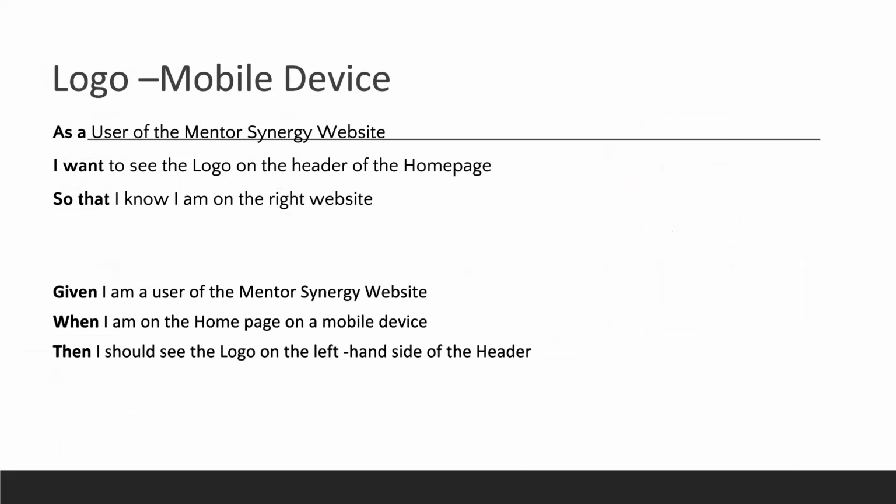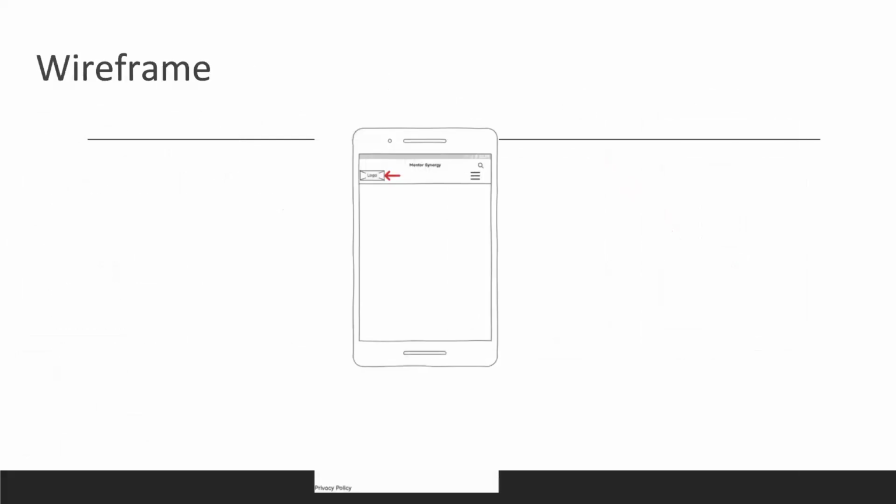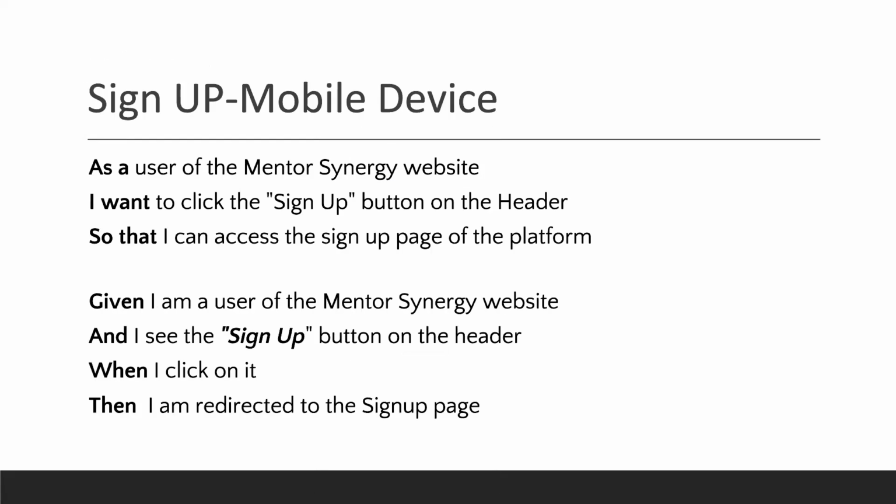The next slide talks about the user story for the logo, which we also developed: the user story, the description, and the acceptance criteria for the logo in terms of the mobile device. I don't know if you want me to read through it, but if you go to the next slide, you see the wireframe for that as well, displayed on this slide, and there is the logo.